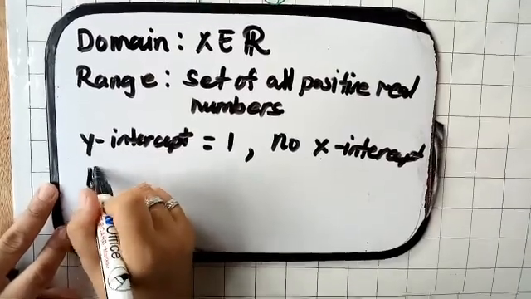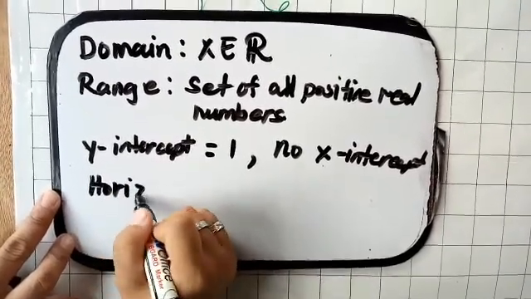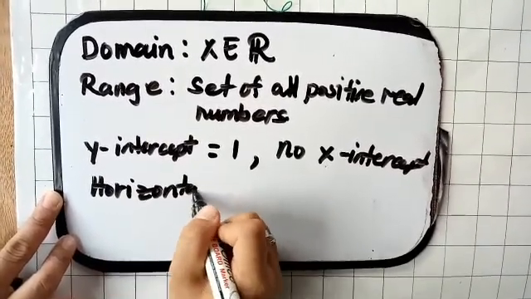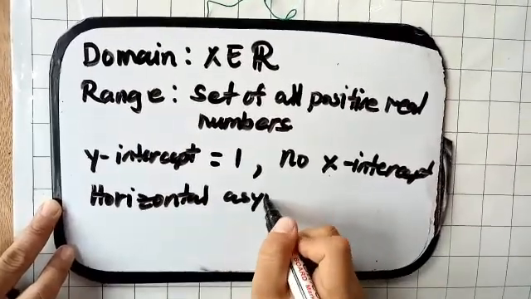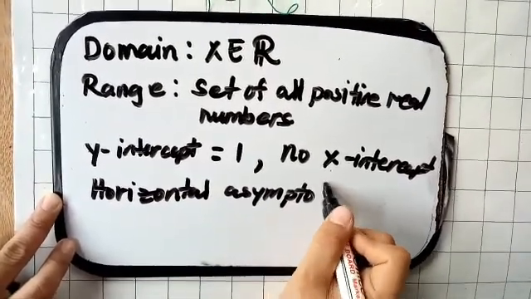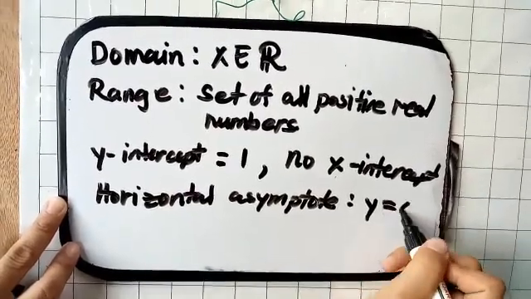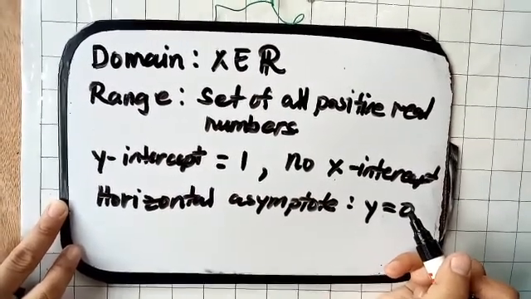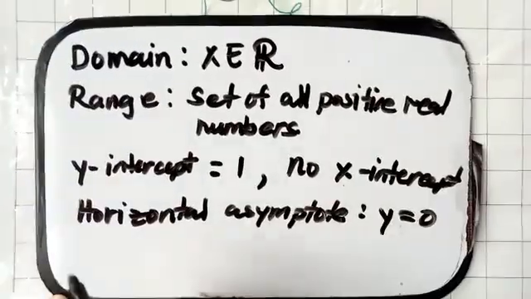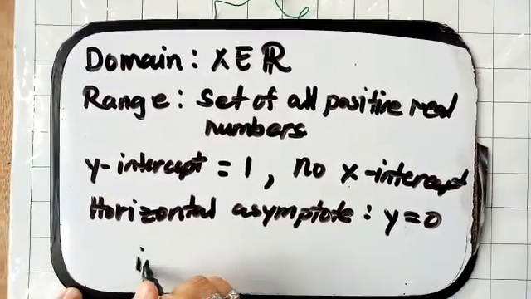Then for the horizontal asymptote, that is y is equal to 0. There is no vertical asymptote. So the graph is increasing.